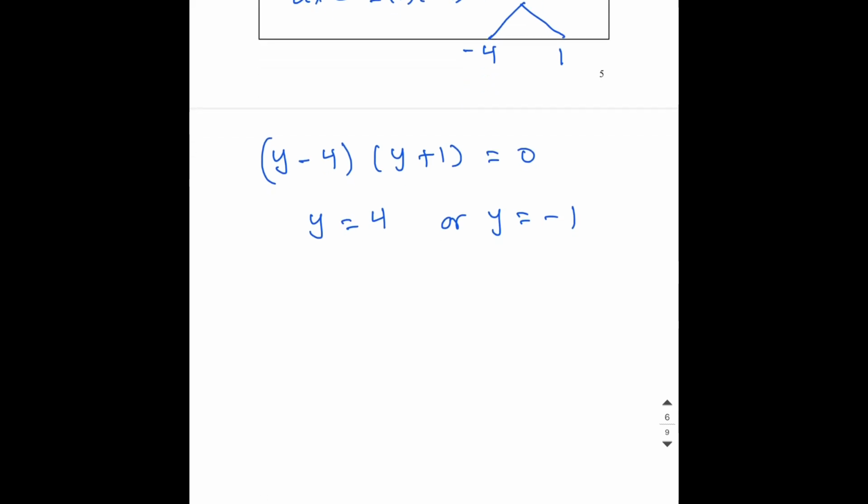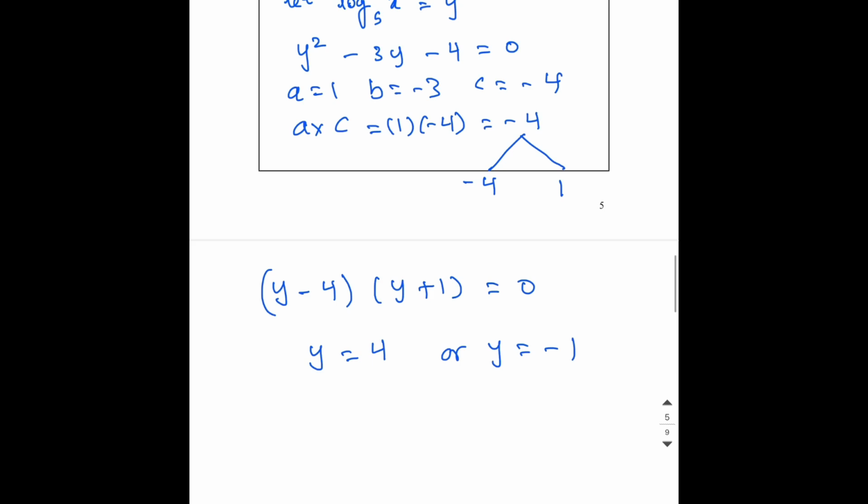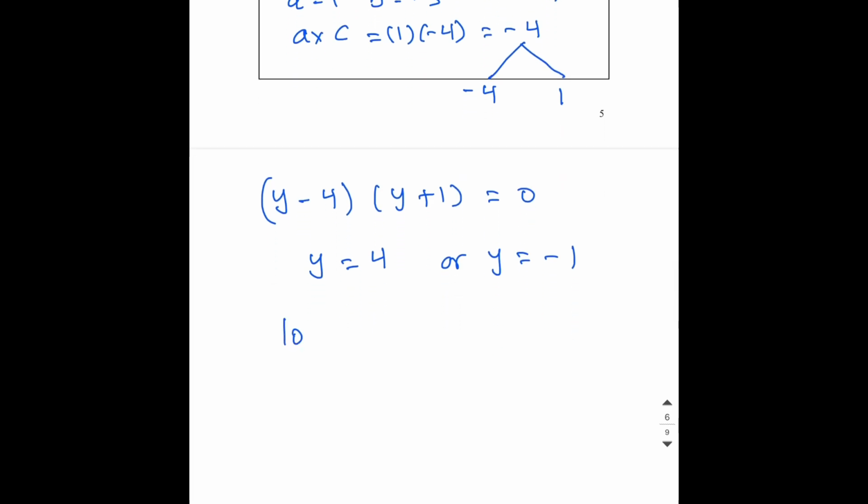So what is y? We have assumed log base 5 of x is equal to 4 or log base 5 of x is equal to -1.